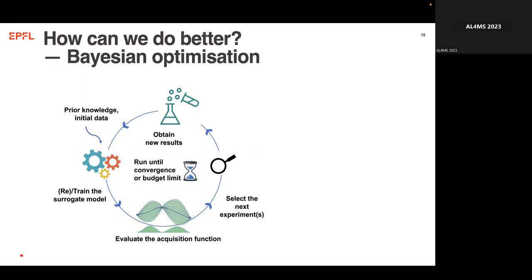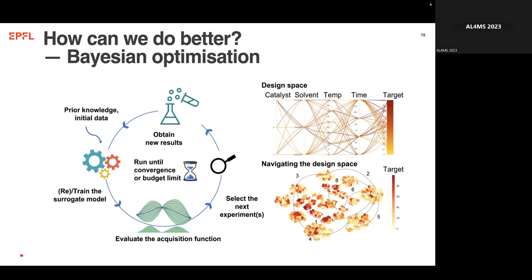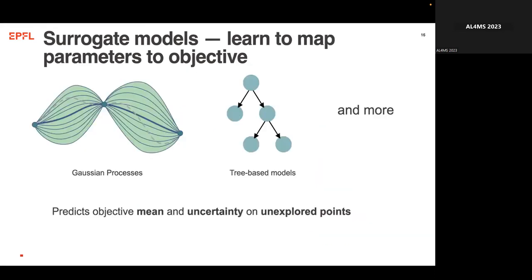You run this loop until you run out of budget or you converge. You can show how you explore the design space you've defined at the beginning, and maybe also see some trends in your design space.